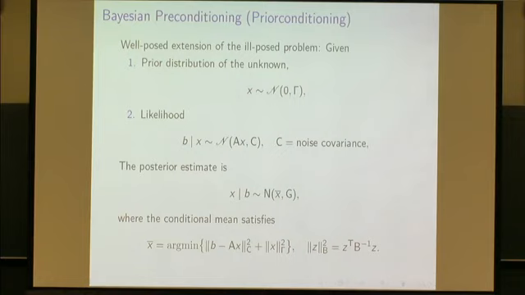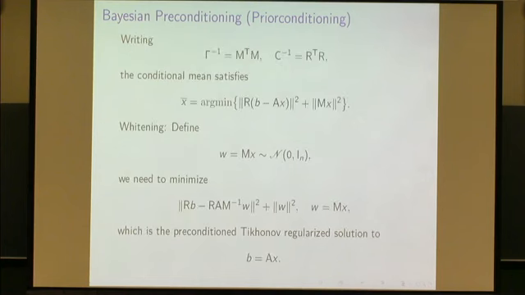So what does this have to do with preconditioning? I have written here the term prior conditioning. We call prior conditioning this way of choosing these preconditioners based on the prior and also based on the likelihood. So here's a connection. If you write the inverse of the covariance matrix, or if you like the prior precision matrix, as M transpose M, where M could be the square root of this matrix or the Cholesky factor of this matrix, it is your choice.